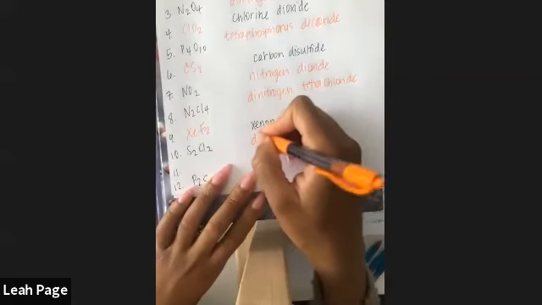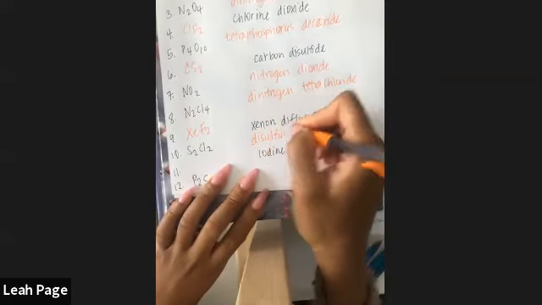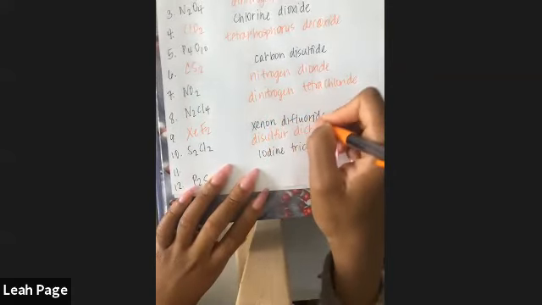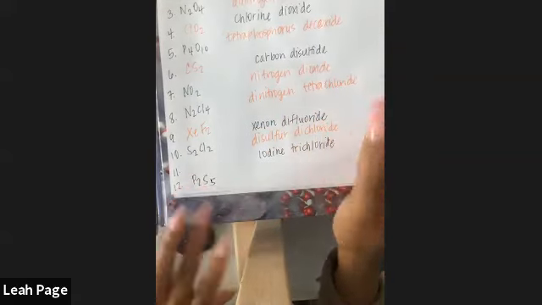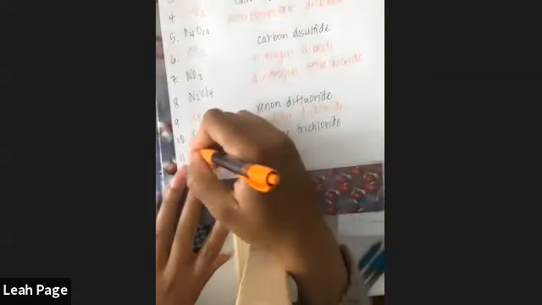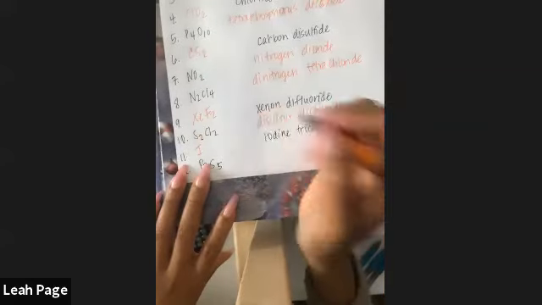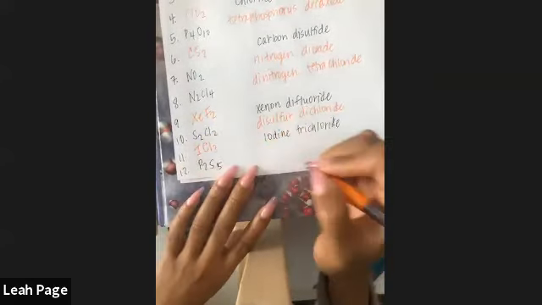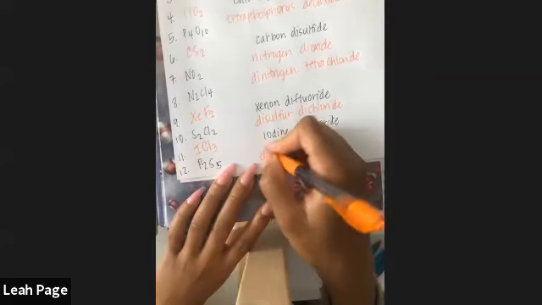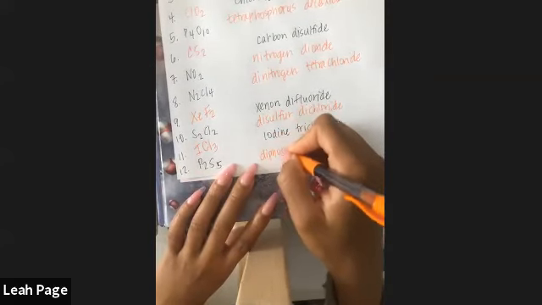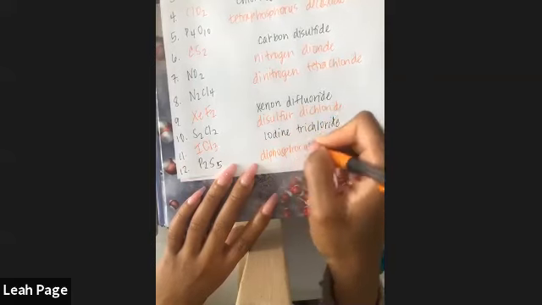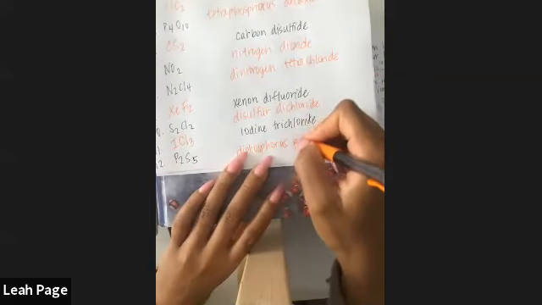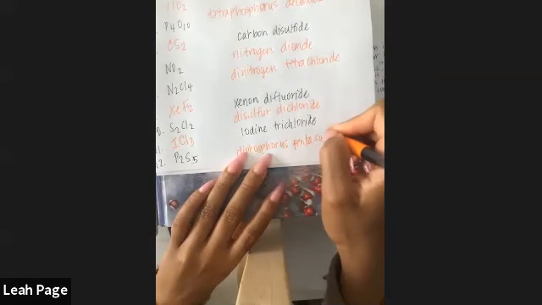And this is disulfur dichloride. And then what's that? Cl3? Yes. And then diphosphorus pentasulfide.